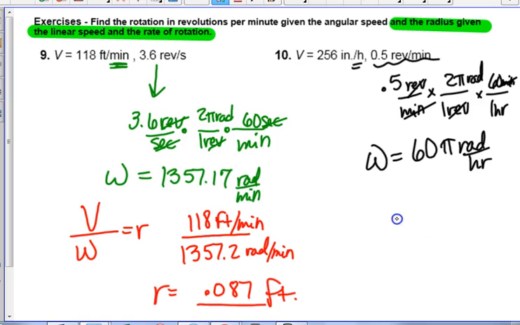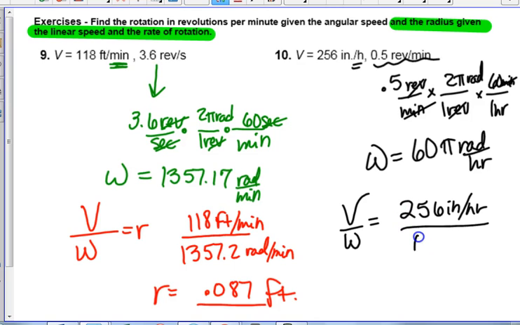Okay. Linear velocity has to be divided by that. So we have 256 inches per hour divided by 60 pi, which we need to put in parentheses, radians per hour. What'd you get? 1 point?